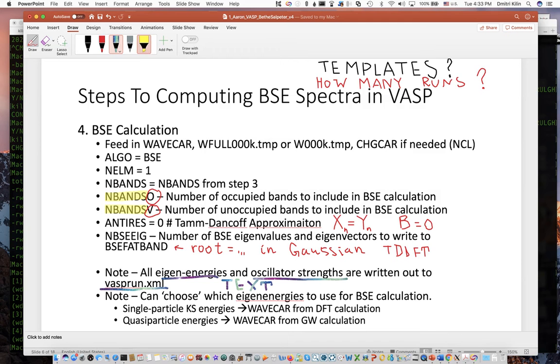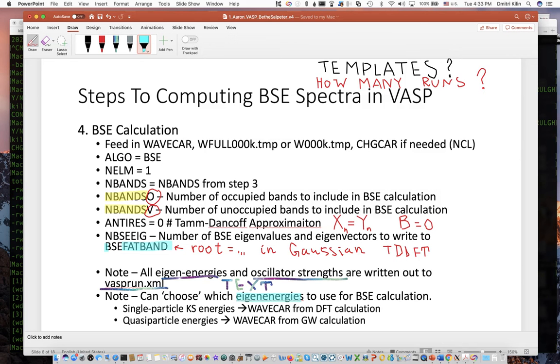And it's just from playing around with what files to input. But you can have a choice of which energies and which orbitals to feed in.